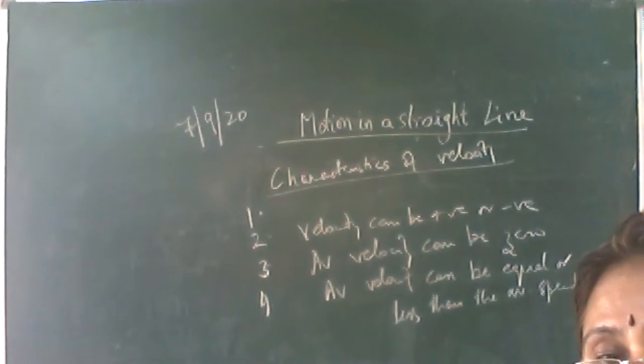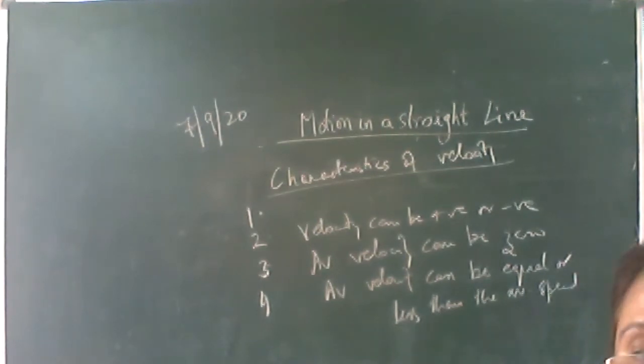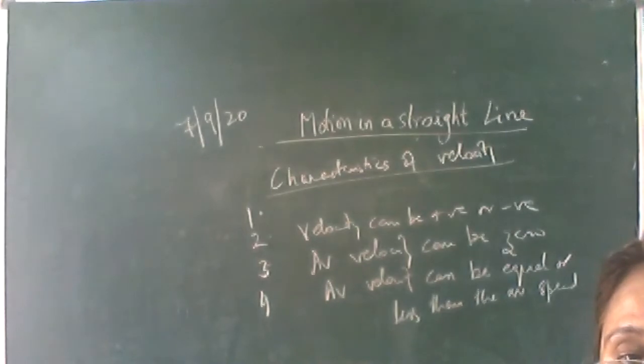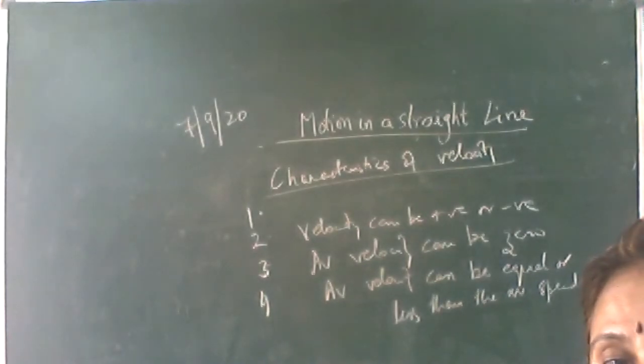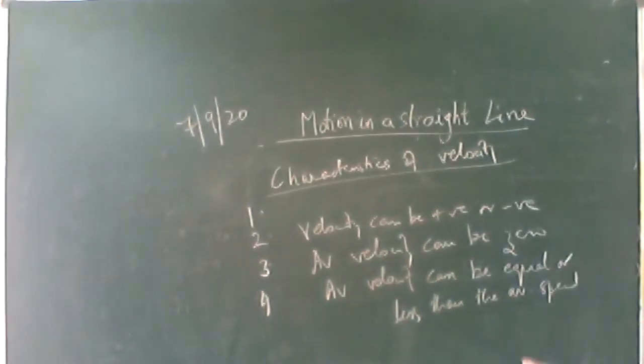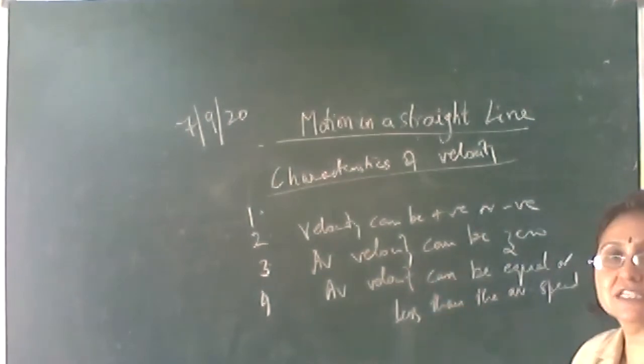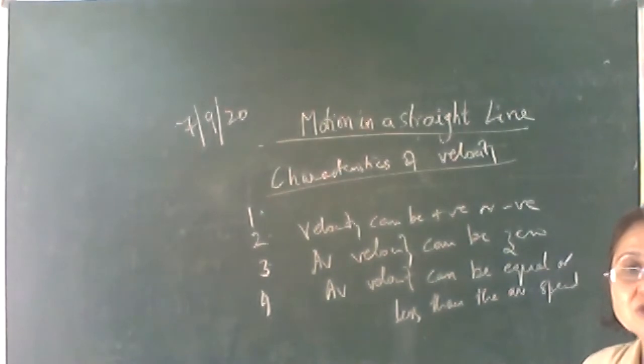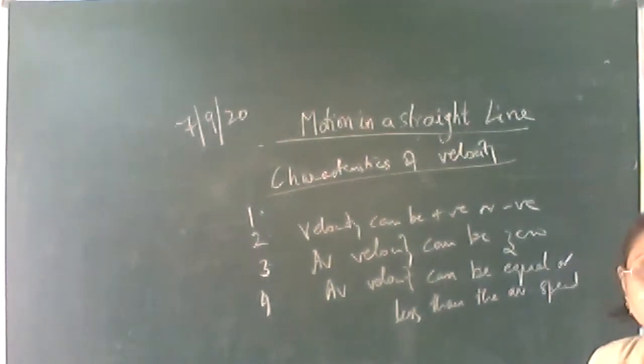And when is the magnitude of the displacement equal to the distance? When the body is traveling in a straight line. Then the initial and the final position will be along the same straight line. So the displacement will be equal to the distance traveled, and hence the velocity will be equal to the speed.